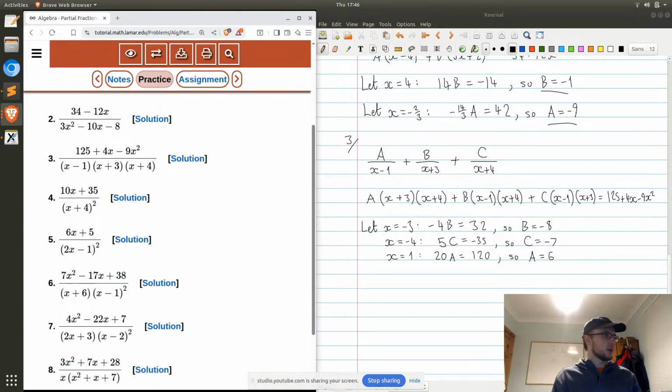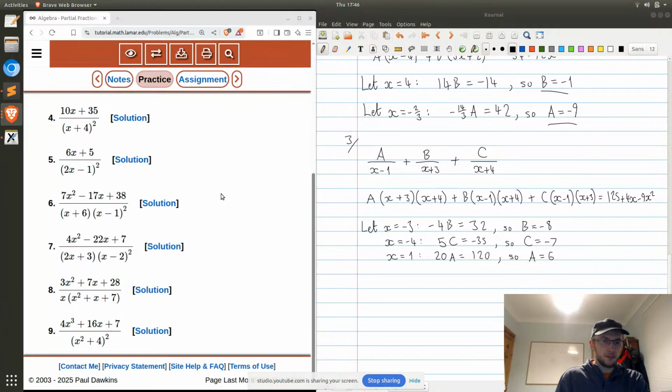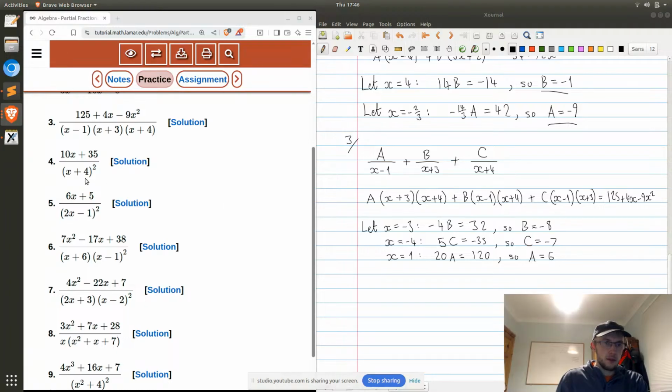Now on to problems 4, 5, and 6, which feature repeated factors in the denominator.